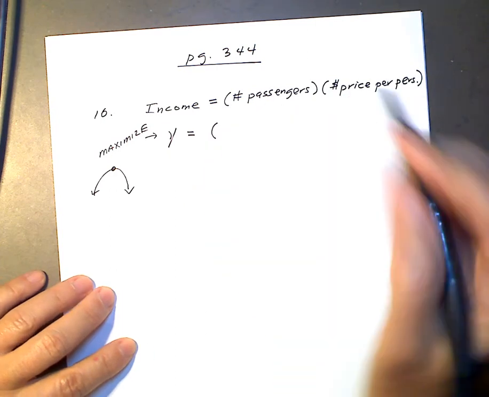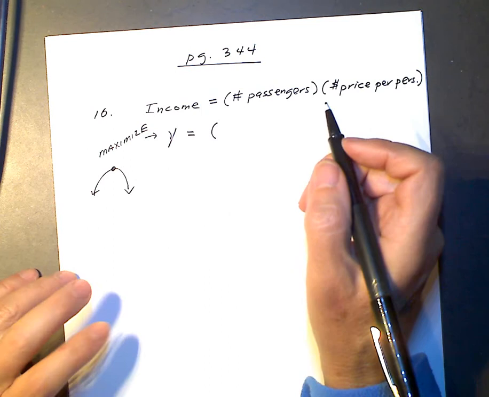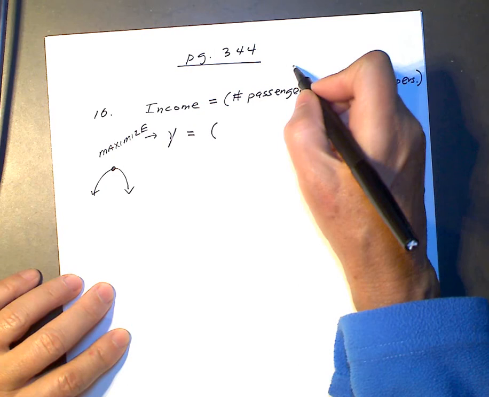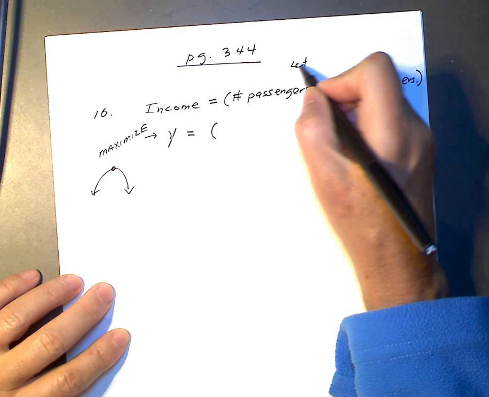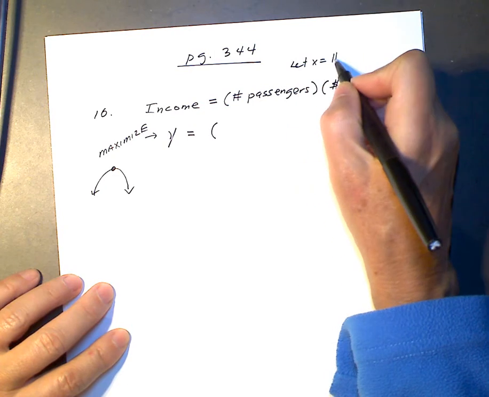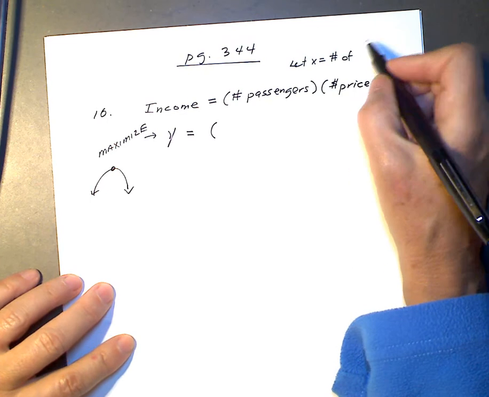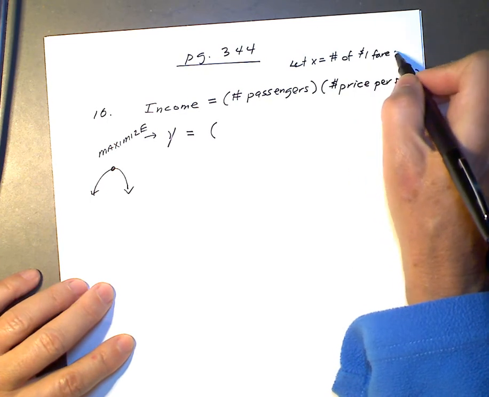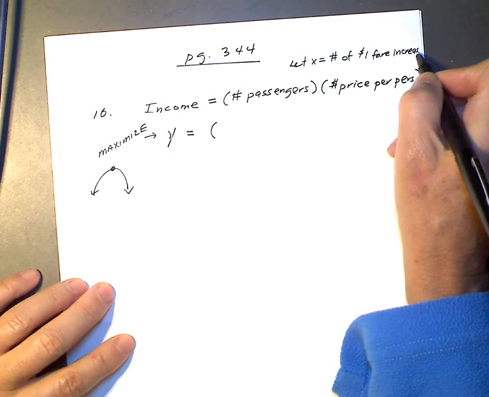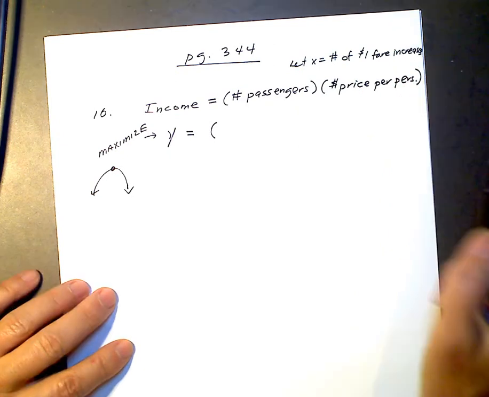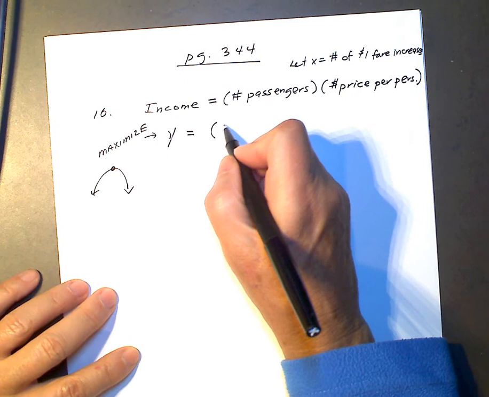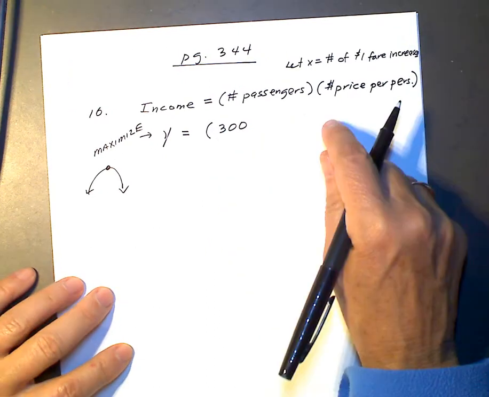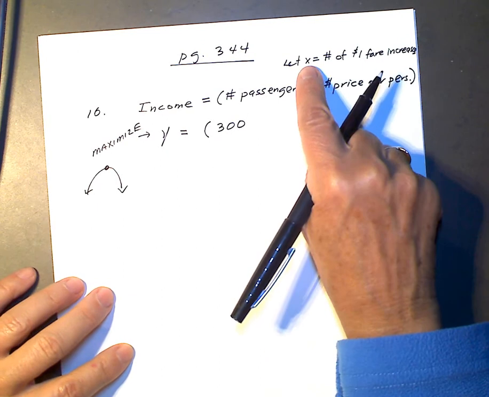So what we're going to do in this, I think, is let x be the number of $1 fare increases that we have. So the x is the number of $1 fare increases. So the number of passengers we're going to have is 300 minus 15 times x, since we lose 15 passengers every time we have a $1 fare increase.